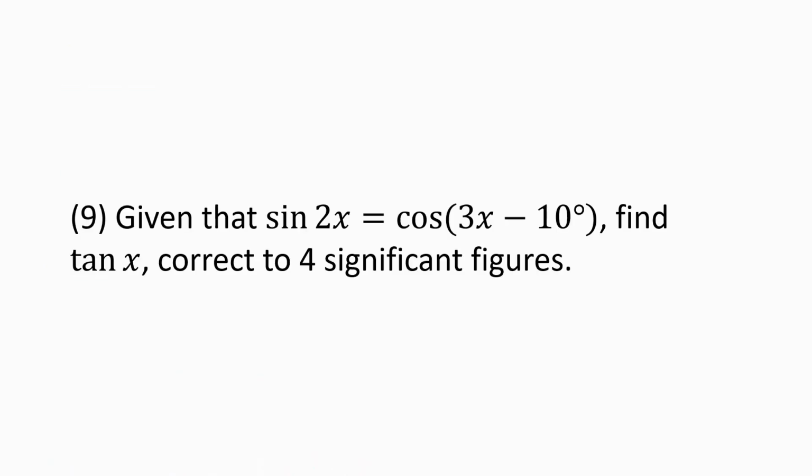Question 9. Given that sin 2x is equal to cos (3x minus 10 degrees), find tan x correct to 4 significant figures. We have sin 2x is equal to cos (3x minus 10 degrees). Then we apply trigonometric identities. Specifically, sin theta is equal to cos (90 degrees minus theta).